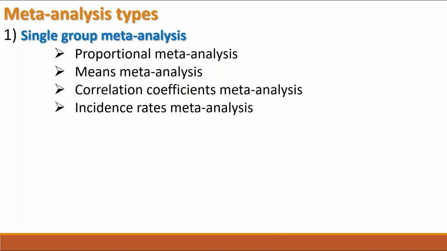All this depends on the research outcome and the estimated effect size. In the first analysis, it is a proportion or a percentage. In the second one, the effect size is the mean, in the third one it is the correlation coefficient, and in the fourth one it is the rate.